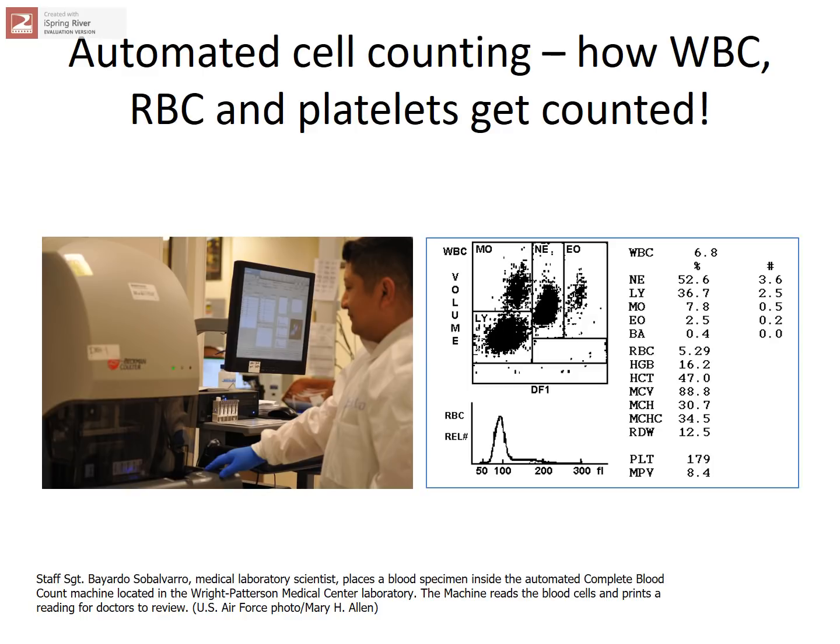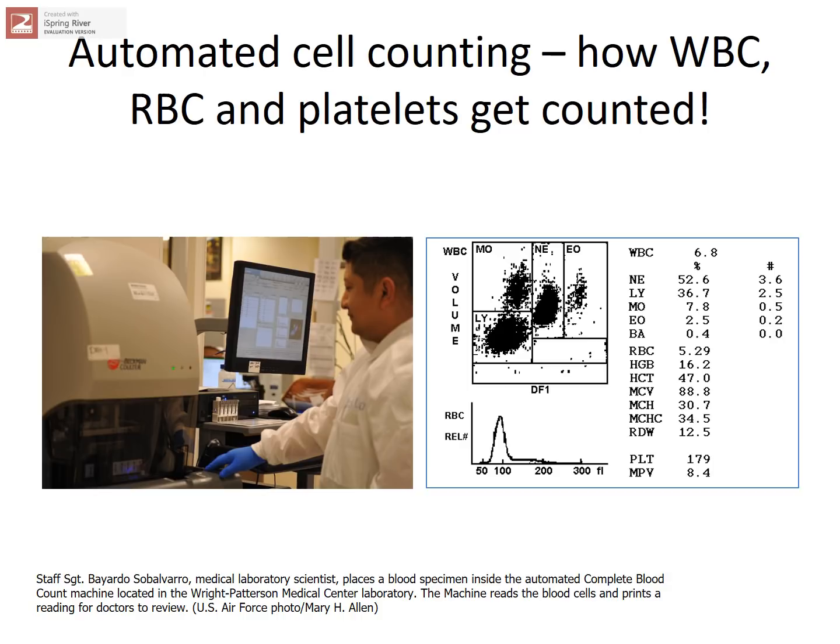The blood is introduced into the instrument. The instrument has multiple ways of counting or identifying cells, both numbers and sizes, and even the contents of those cells, and then provides for the laboratory scientist information, which you see on the right, where we see how many cells are counted: white blood cells, red blood cells, platelets, the types.